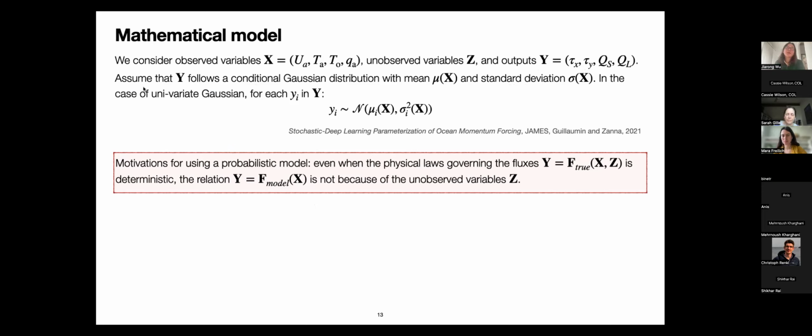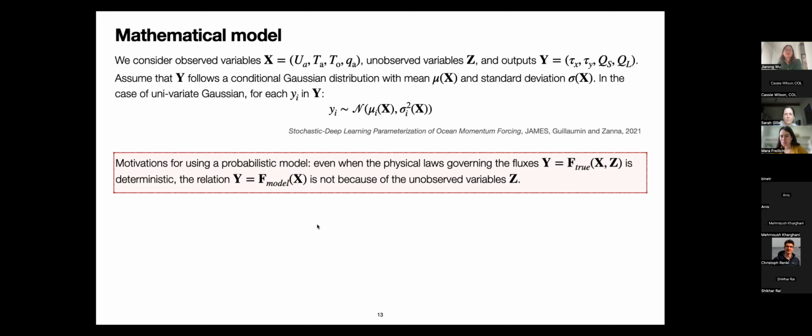We assume that these outputs y follow a conditional Gaussian distribution with mean mu. But it's conditional because the mean mu is dependent on input x, and also the standard deviation sigma is dependent on x.